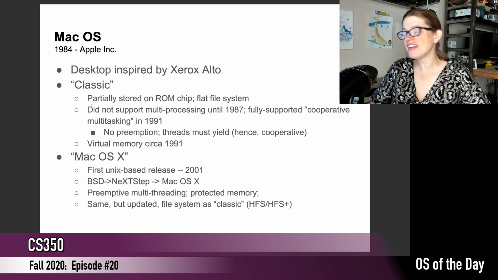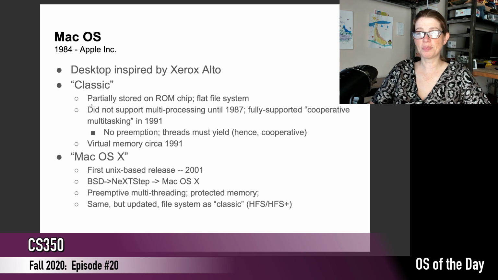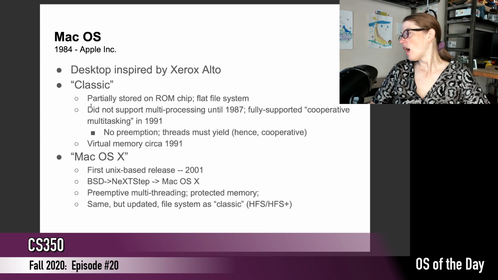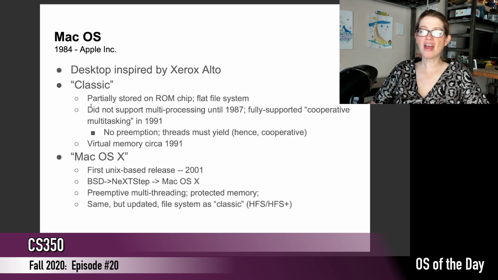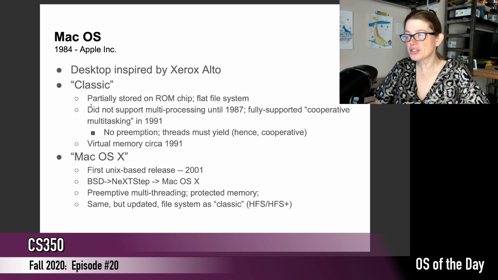Now, one of the big things is, instead of inheriting some of the Unix-based file systems or the BSD file systems, Apple kind of kept its own file system. Up until the release of High Sierra, Apple was actually using HFS and HFS Plus, which is unfortunately a case-insensitive file system, which means that you could have a file named, oh my gosh, I'm late for my assignment submission, all uppercase, and that was equivalent to every other file with every other combination of upper and lowercase letters, of course with the same actual words.